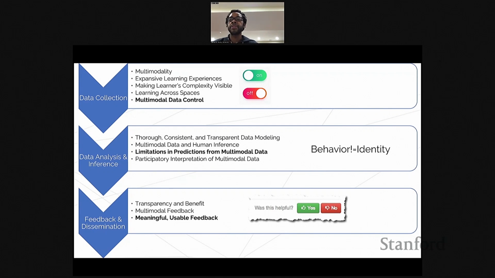Part of what I'm suggesting with this, and I think this becomes increasingly important with the use of AI and different kinds of multimodal systems, is that we move away from that practice and recognize that the behaviors that we saw from a given participant are highly contextualized, and acknowledge the fact that many times these predictions themselves, as they emerge from AI and machine learning based systems, are biased.